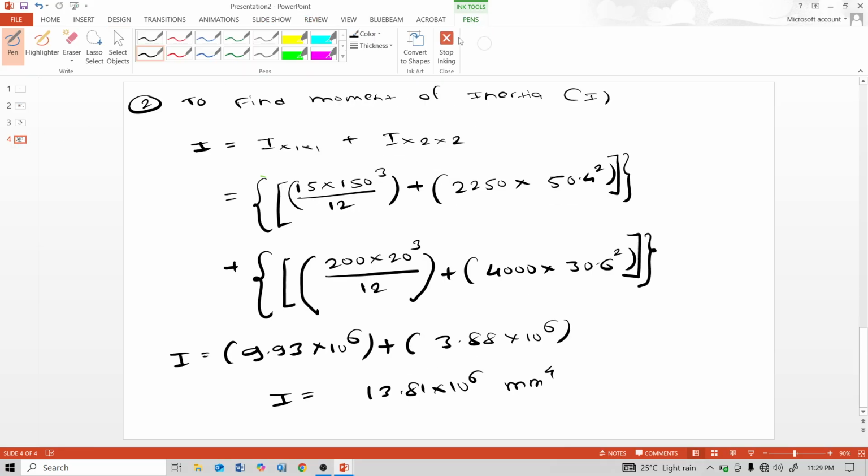Here it is not 50.4, it is 54.4. So 54.4 square multiplied by 2250 plus 15 into 150 cube divided by 12 is 10.87 into 10 raised to 6. And 10.87 plus 3.88 is 14.75 into 10 raised to 6 mm raised to 4.